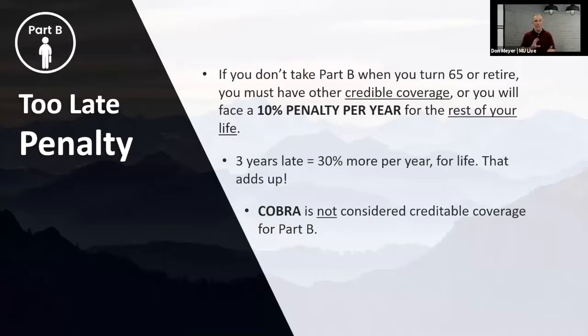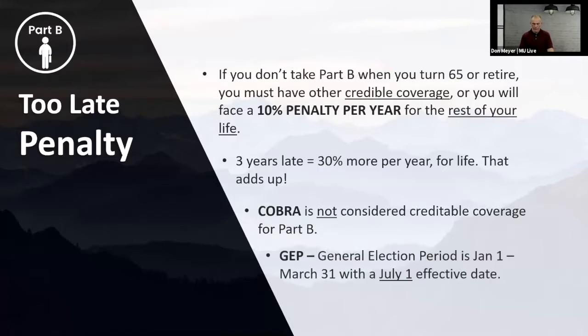So what had to happen is she had to wait to enroll. She had to wait for the general election period. So the general election period is that election period for all those naughty people who didn't do what they were supposed to do on time. Now they thought they were doing right, but that's why people need a knowledgeable advisor like you to help guide them through this.